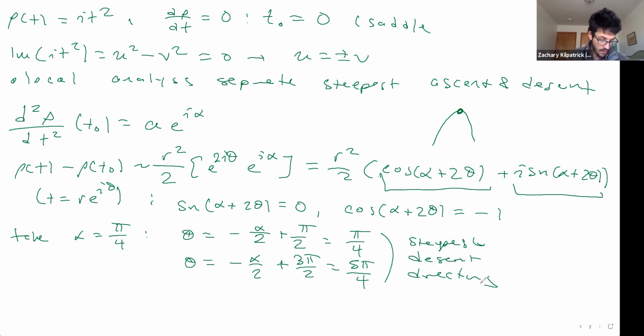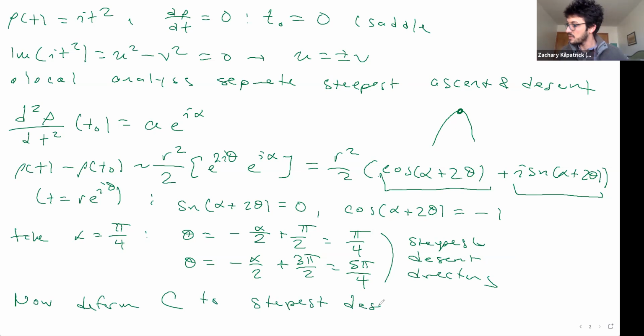Now the next step is to deform C so that we involve the steepest descent contour in our contour integral. So now we're going to deform C to our steepest descent contour, C prime.